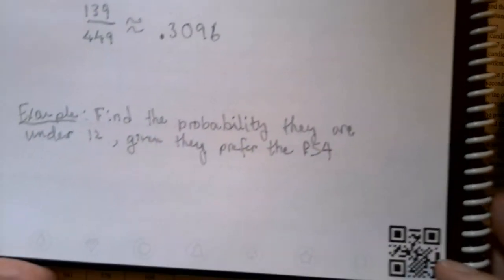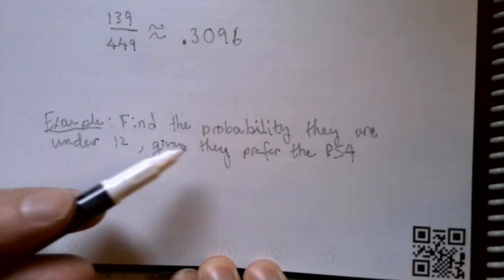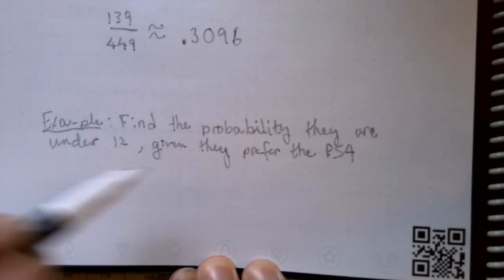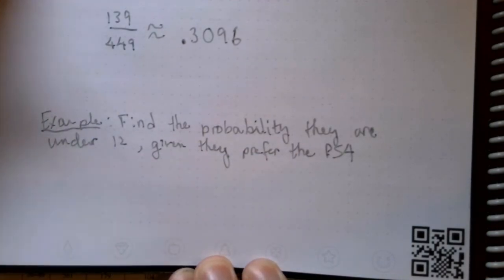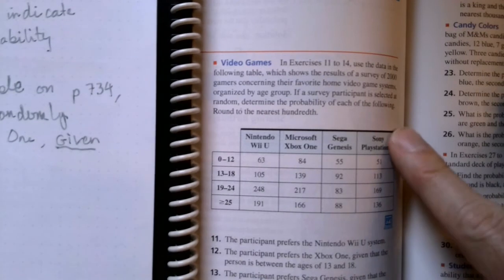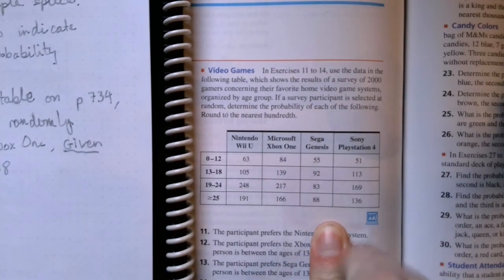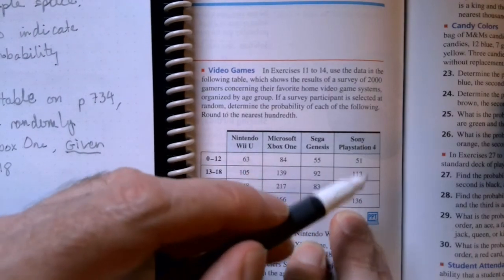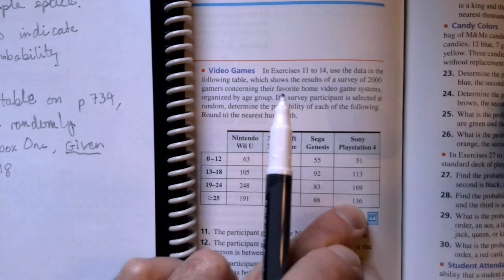Okay, let's do another one here, referring to the same table. Find the probability that a randomly selected person is under 12 given they prefer the PS4. Alright? So now we know we are restricting our attention to the people that prefer the PS4. So for this problem, this last column is our sample space.